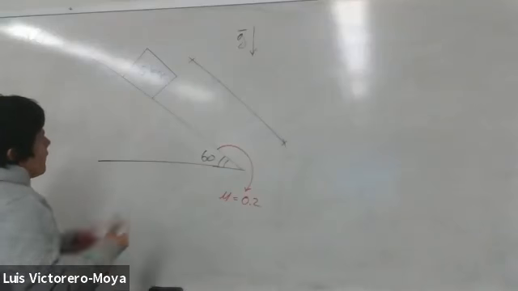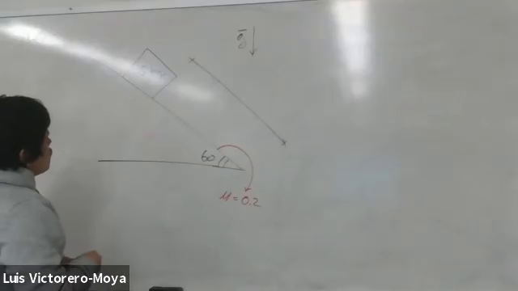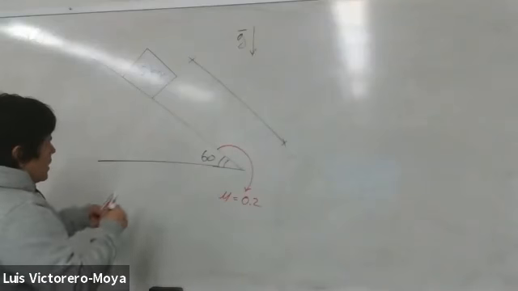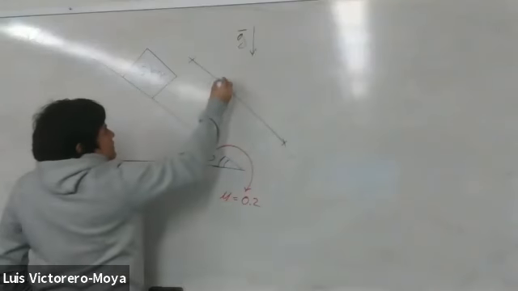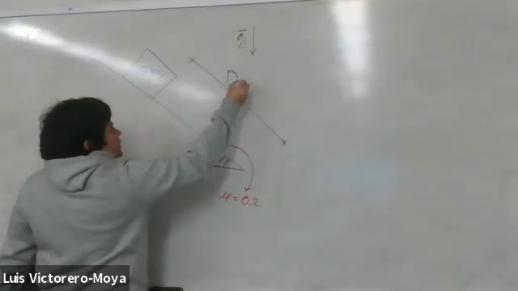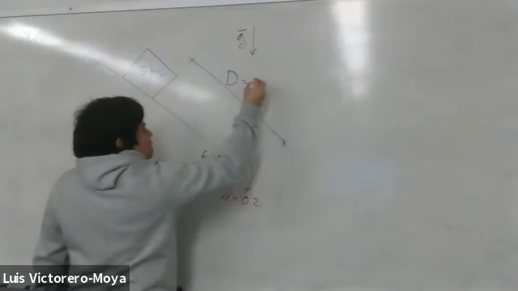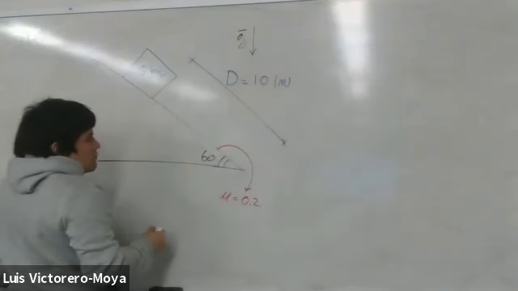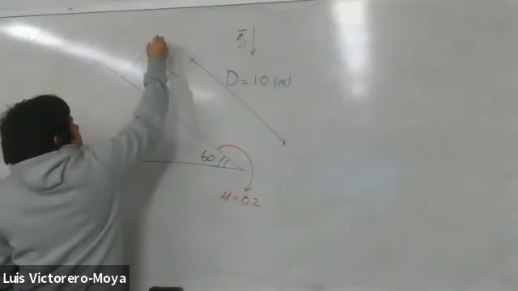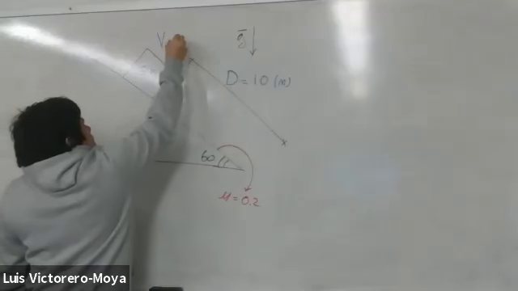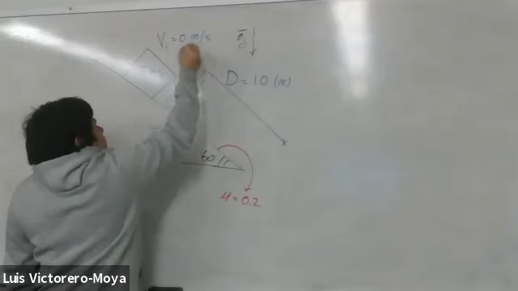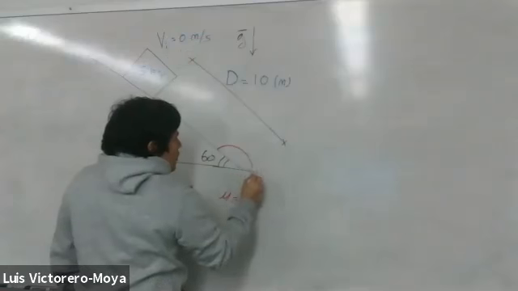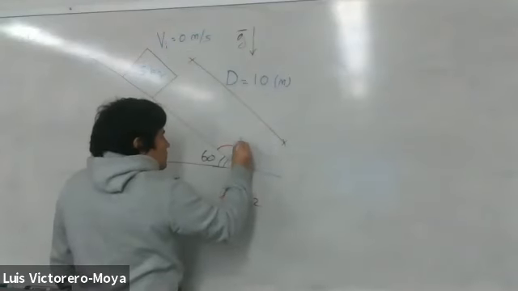Let's say that, yeah, no, that's fine. And let's actually add that the distance here is of 10 meters. So let's find how long, the initial speed here is 0 meters per second. Let's find how long will it take for the mass to be here.